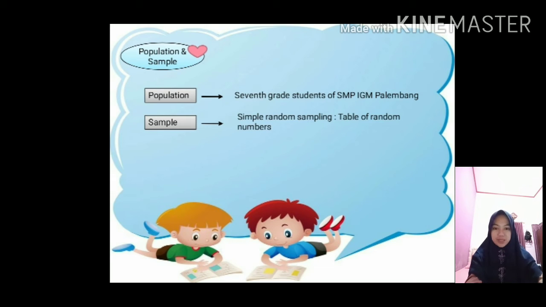What is simple random sampling? Simple random sampling is one in which each and every member of the population has an equal and independent chance of being selected. So, how can we select the 7th grade student of SMP IGM Palembang randomly? That is by using table of random numbers.